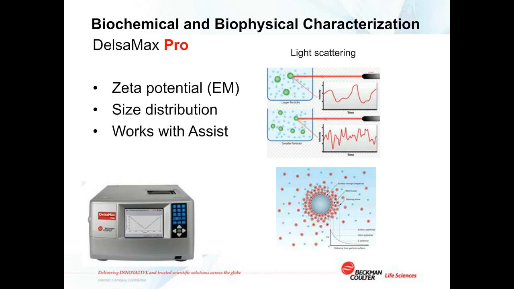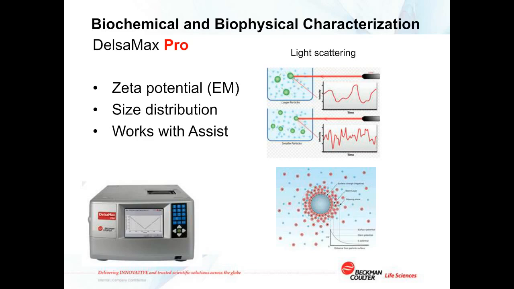The other interesting feature of the DelsaMax Pro is that it has 32 detectors at different angles which collect scattering information in parallel. Because proteins are very sensitive, with a standard zeta potential measuring instrument that's not been designed for proteins, you will typically require several minutes to collect enough light scattering data under the conditions of alternating electric current before you can gather enough information with which to derive a zeta potential.